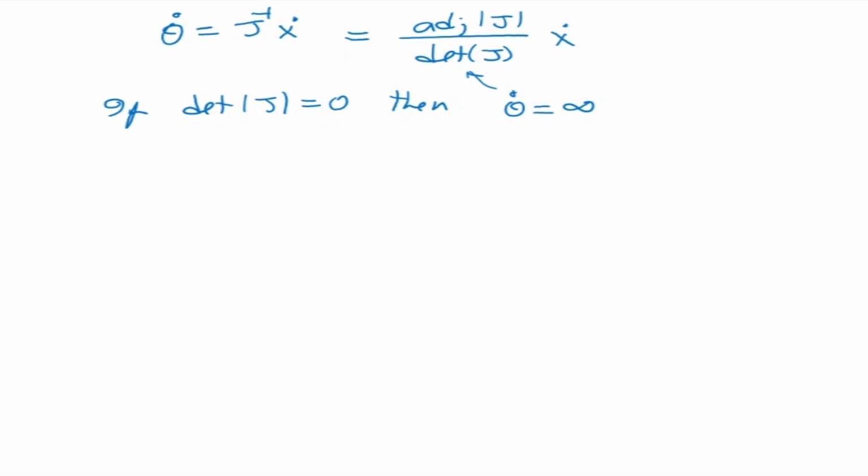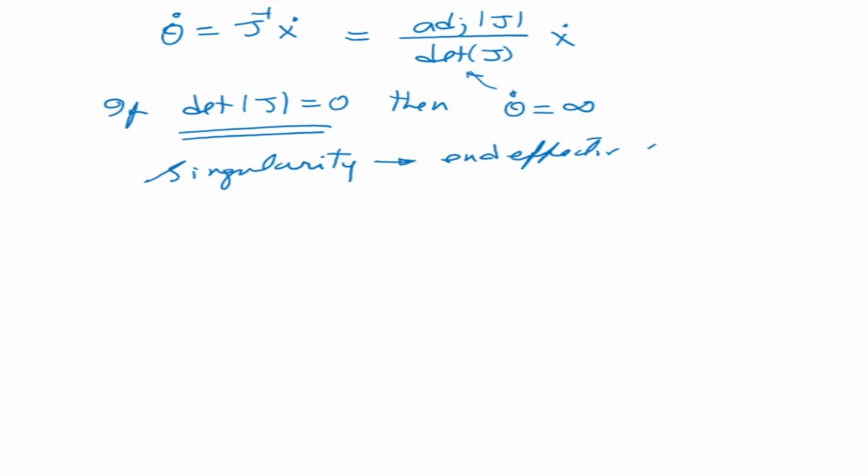Obviously it cannot go to infinity, so this point where the determinant of J is equal to 0 is called a singularity, because the end effector cannot go to that point. Not only can it not go to this point, it cannot even go anywhere near that point. Why? Because as it goes towards that point, the joint velocity goes towards infinity, and joint velocity cannot go to infinity.